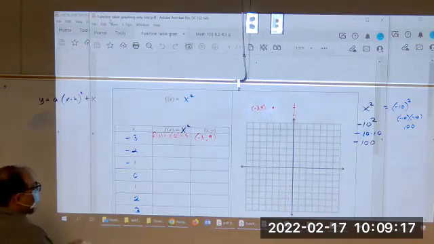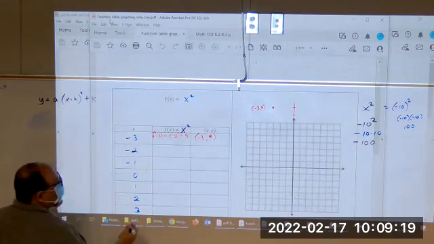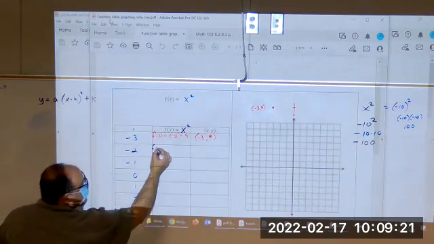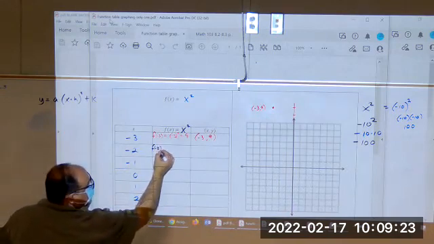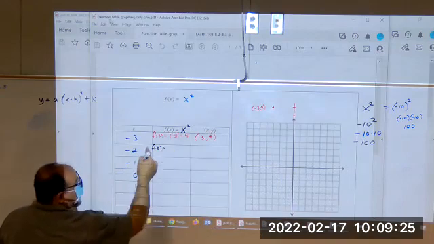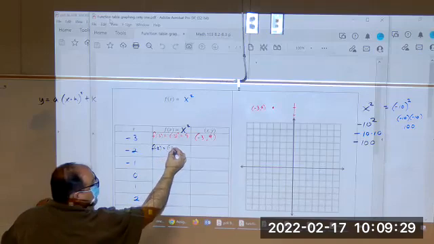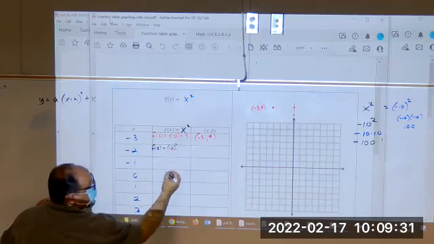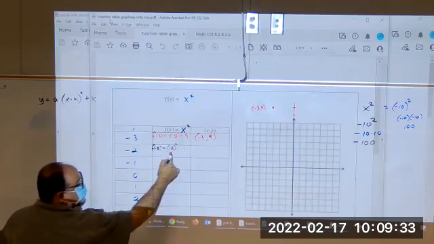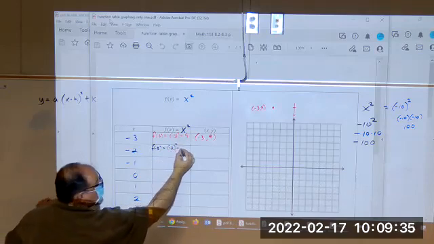Then we plug in -2. F of -2. So again, I'm plugging in a negative, parentheses, -2, and we square it. So -2 times -2 is +4.